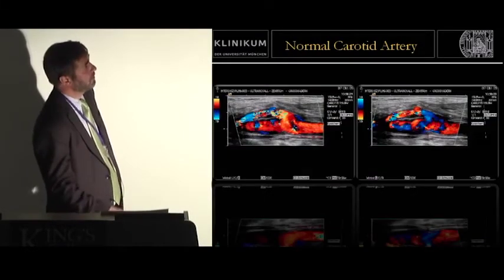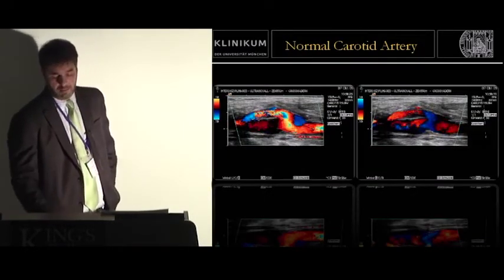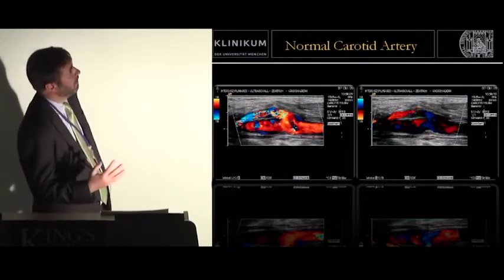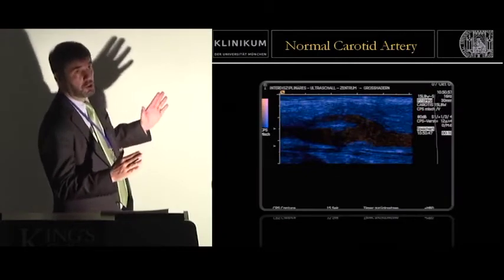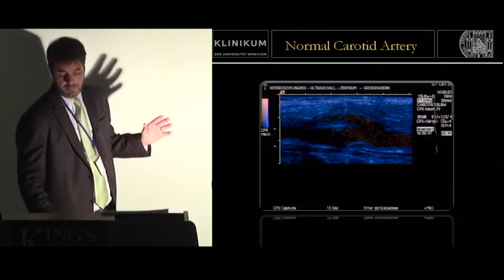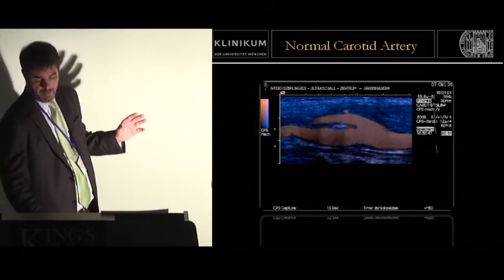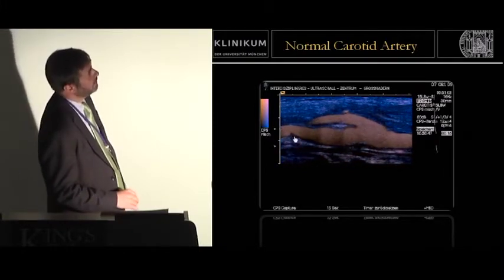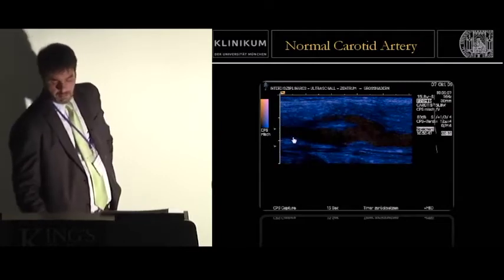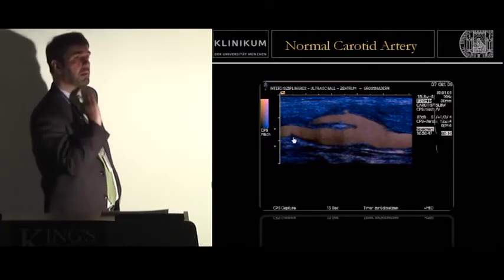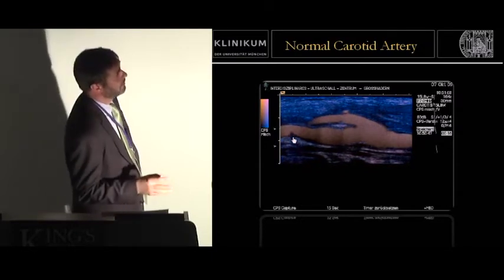Normally, in the examination, we start with the grayscale carotid artery, followed by a color Doppler. Look at the scanning angle and how it changes the coloring of the vessel. And now I repeat the examination using the contrast-enhanced ultrasound setting. Did you see this stenosis here before in the color Doppler? I think most of us probably haven't seen it.